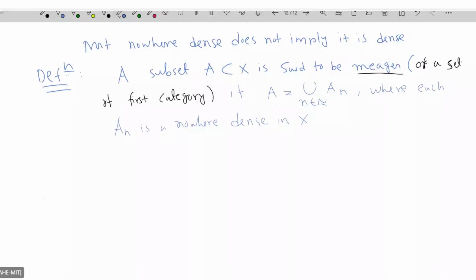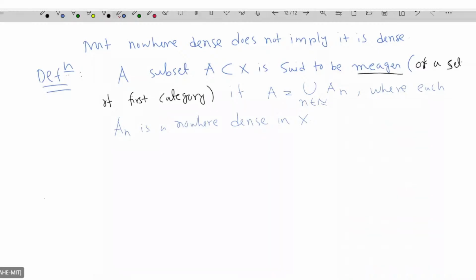So we are saying a subset is of first category or meager if A can be written as a countable union of nowhere dense sets. Okay. So a countable union of nowhere dense sets will be called a meager set.